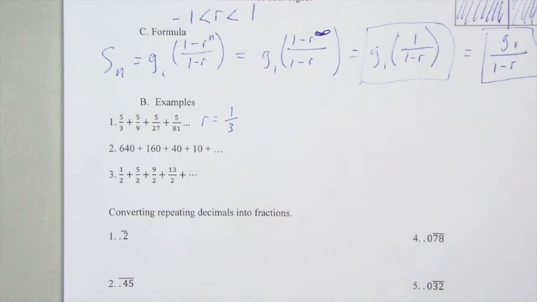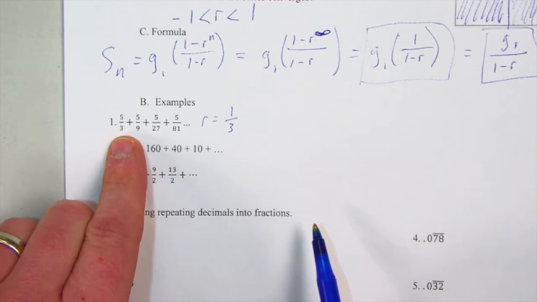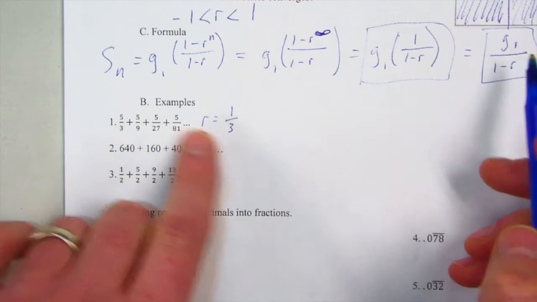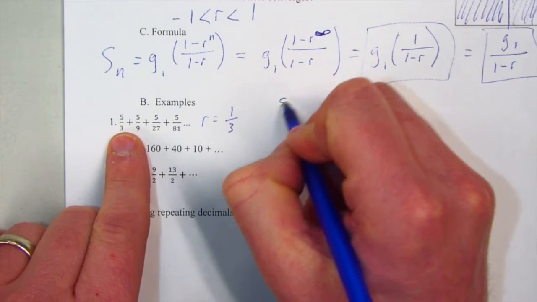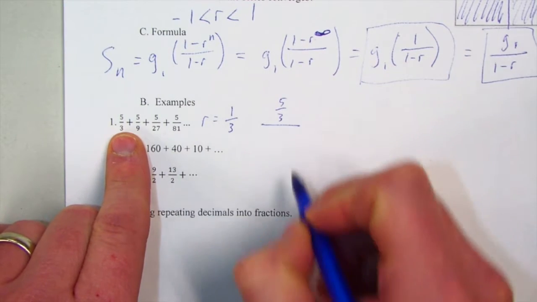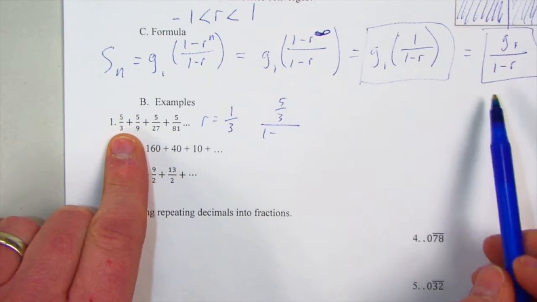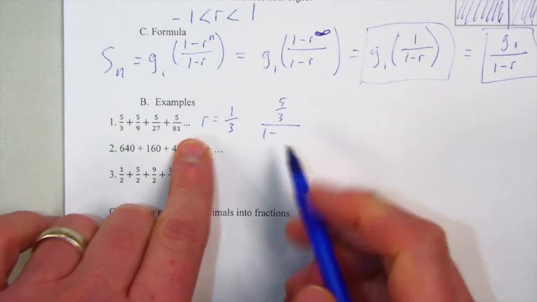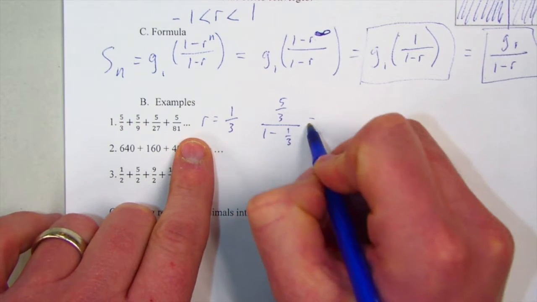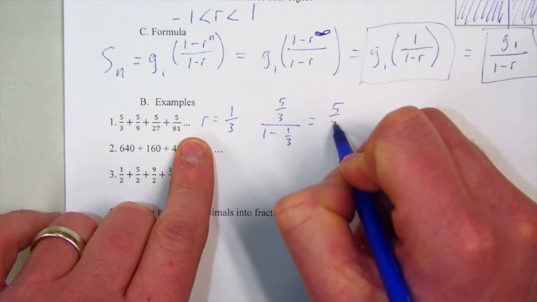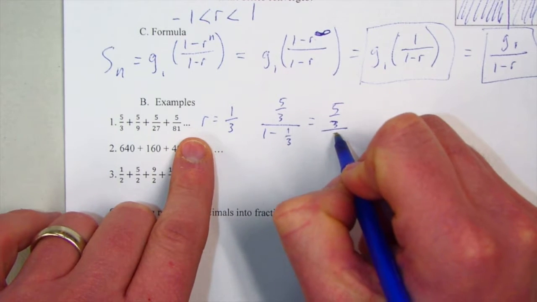If I want to find the infinite sum now, I can just go to my formula. G1 goes on top, so 5/3 goes on top. On the bottom is 1 minus my r value, 1 minus 1/3, so it's 5/3 divided by 2/3.